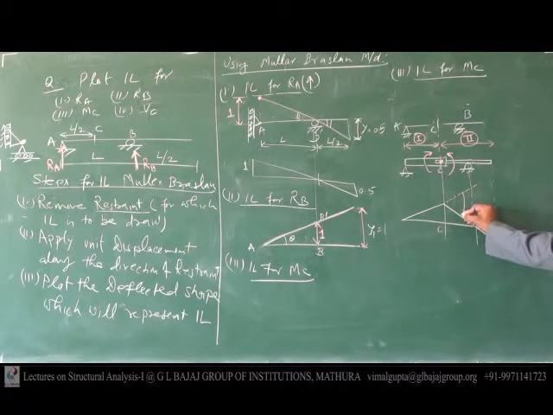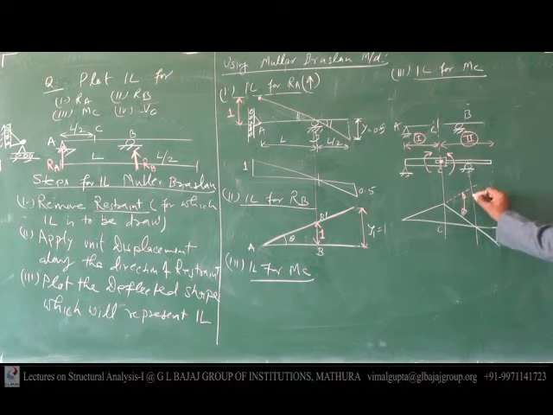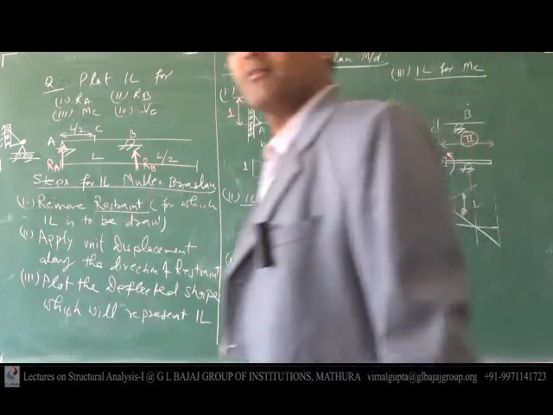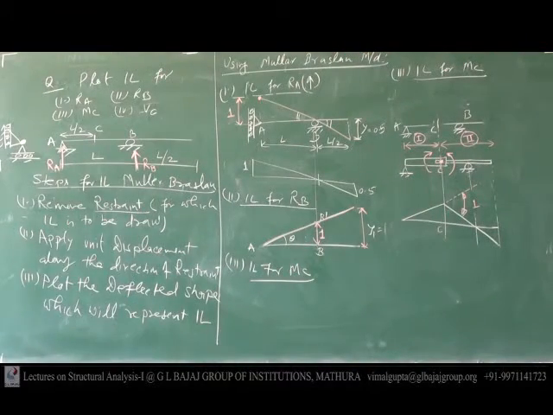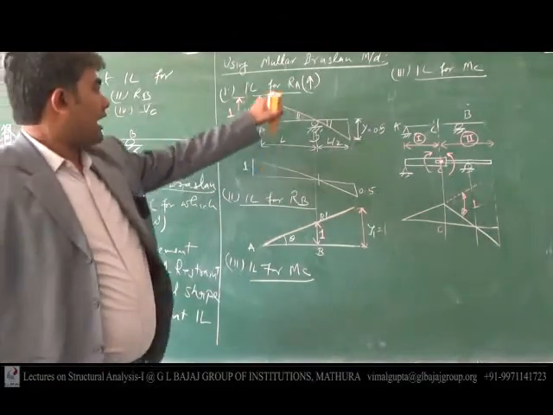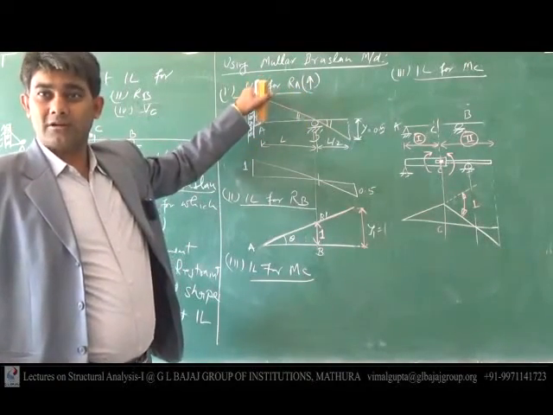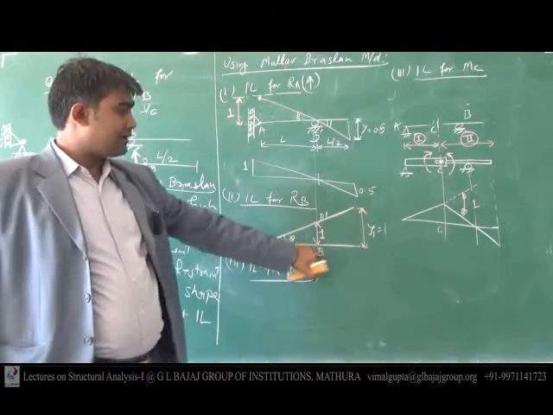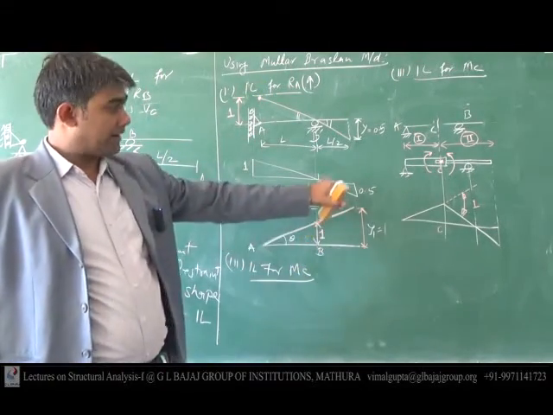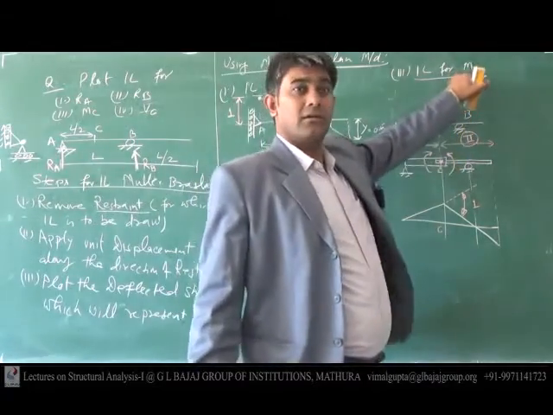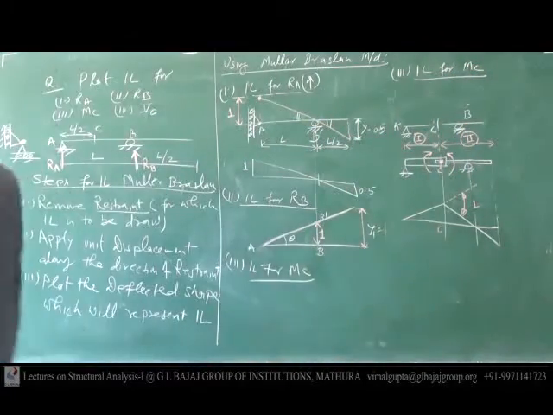This value will be, rotation will be 1. Here rotation will be 1. In case of RA, linear displacement was 1, but in case of moment, this will be 1. Clear to everybody?